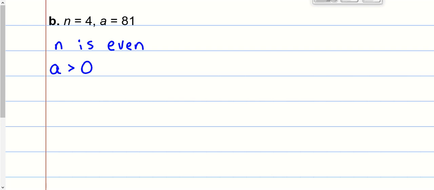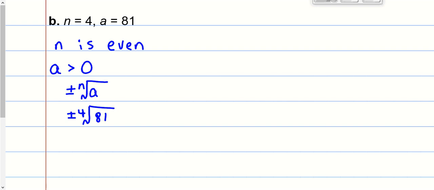If we look back to that first page of things that you wrote down, on the left side where n is an even integer and a is greater than 0, then we have plus or minus the nth root of a. So now let's just plug in our numbers. We have plus or minus the fourth root of 81.